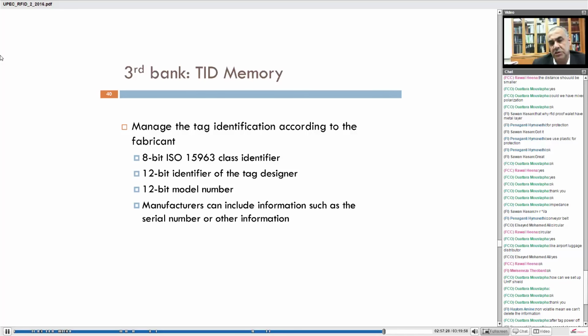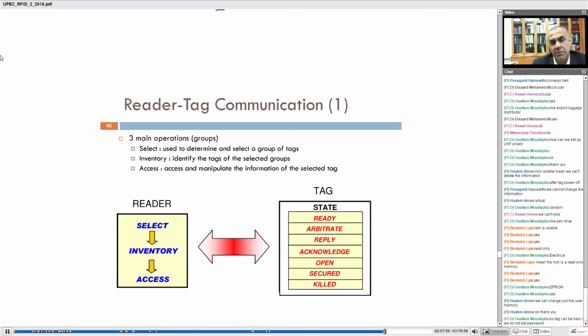So there are the standards used for this tag, the identifier of the tag designer, and the model of the tag, and the manufacturer can include information such as the serial number or other information related to the tag. It's different from EPC. The user memory manages the information that the user may enter in this zone here.